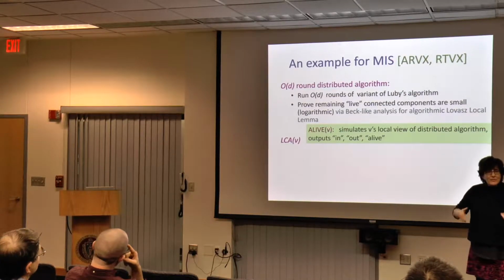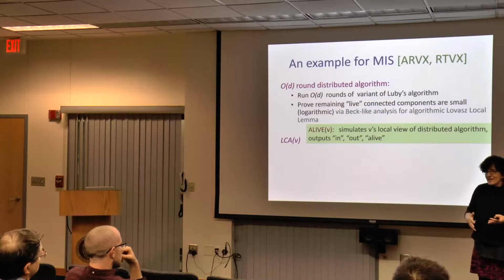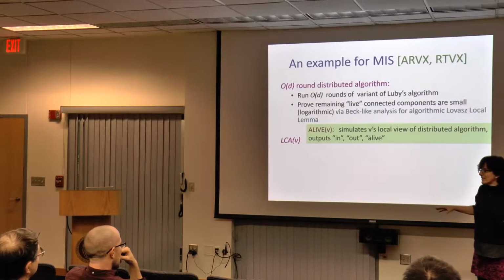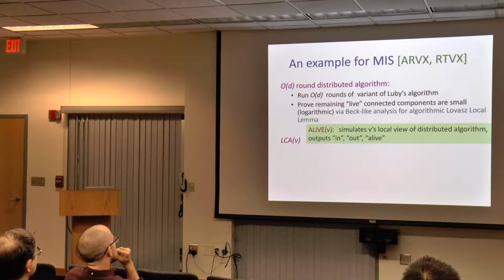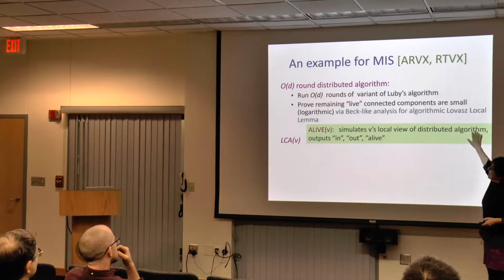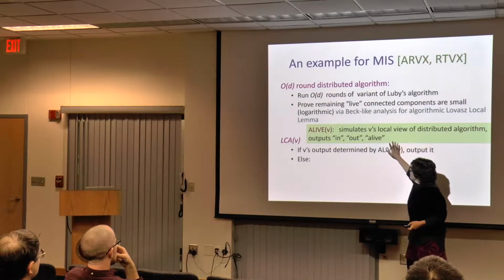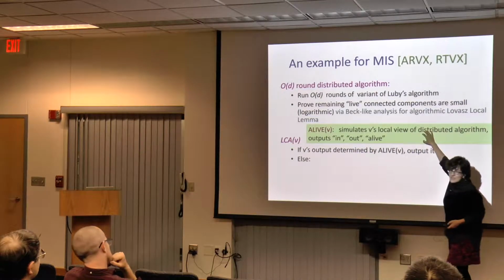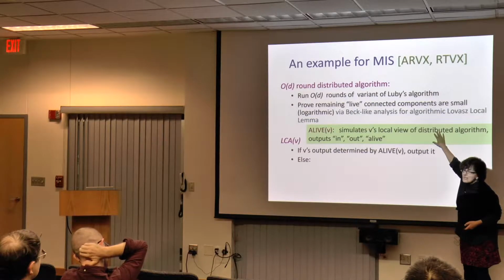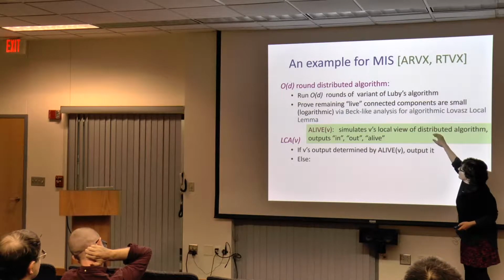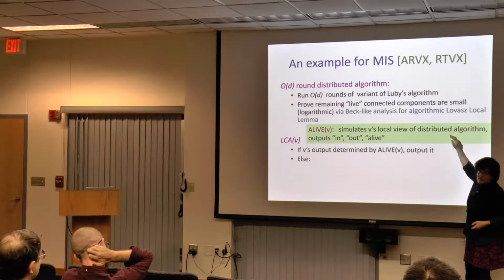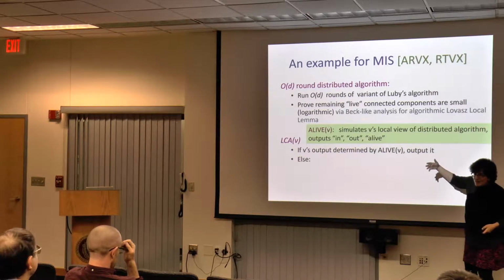And we proved that, with high probability, it's very unlikely that large connected components remain. Okay, good. So then this guy simulates V's local view. This is a subroutine, the D to the D subroutine that figures out, according to Luby, whether V is alive, dead, or in the maximal independent set.